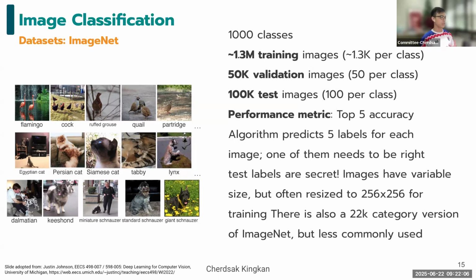They also provide metrics to measure the performance of different models, for example top 5 accuracy. ImageNet has been widely used for computer vision and deep learning for many years, and nowadays it is still in use as a benchmark data set as well.